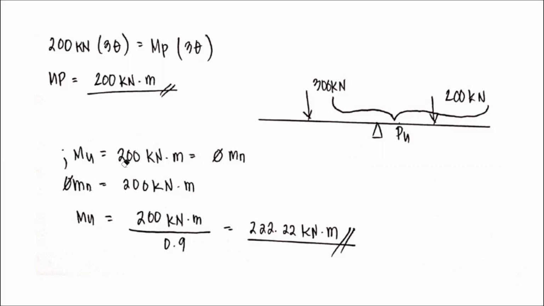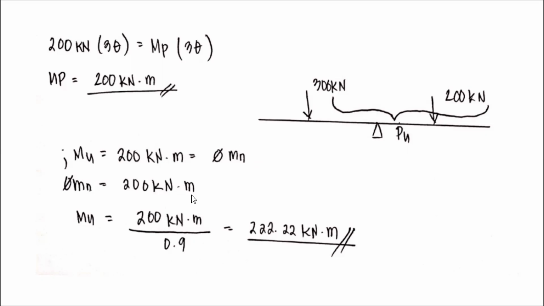Then MU is equal to 200 kN is equal to phi Mn.